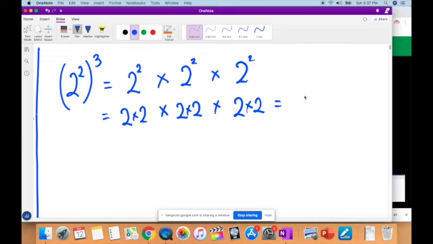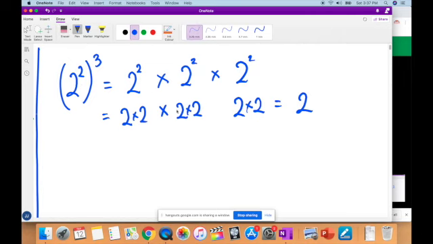Not 4 times 4 times 4. 2 to the power of what? Remember, all of this is multiplied. I have no additions here. They're all multiplied.